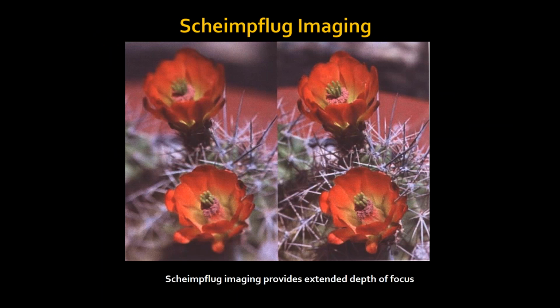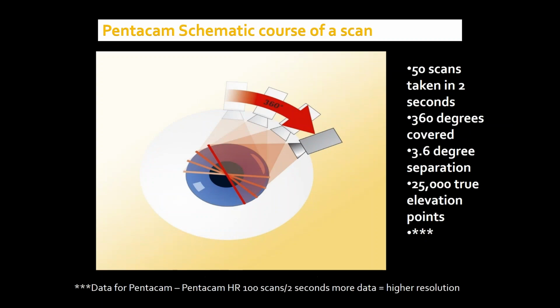With the Pentacam, it utilizes something called a Scheimpflug camera to produce this Scheimpflug image, which provides this extended depth of focus so we can keep the cornea in focus at all its different meridians and heights at the same time.